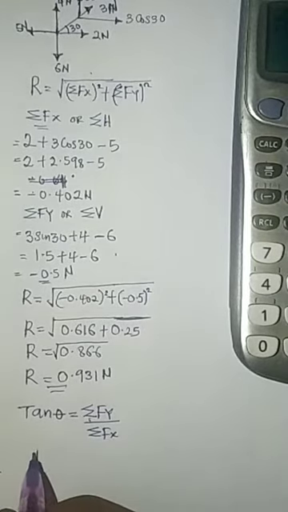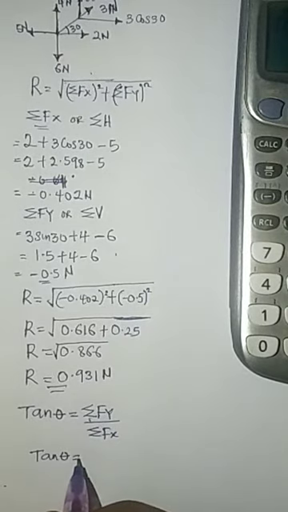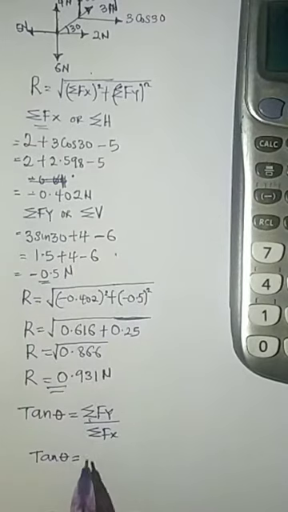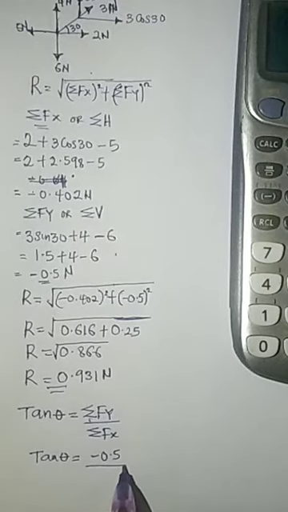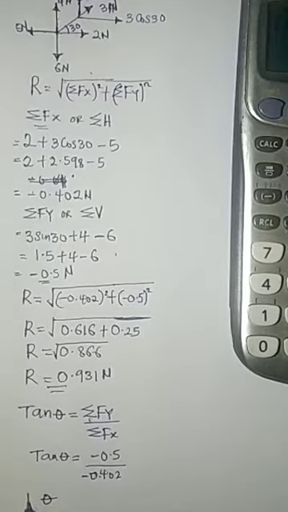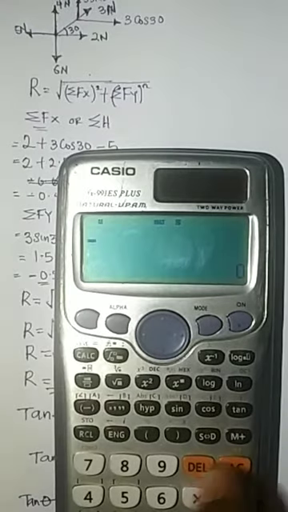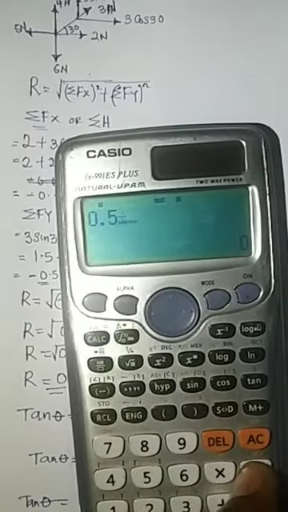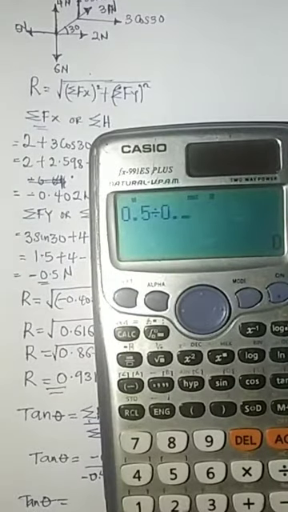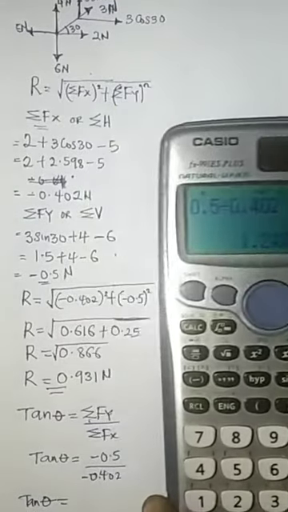That means my tan theta will be equal to, look for Fy here. What are you having there? We're having Fy to be negative 0.5, all over Fx, which is given to be negative 0.402. If you do that, with my calculator, I have 0.5 divided by 0.402.